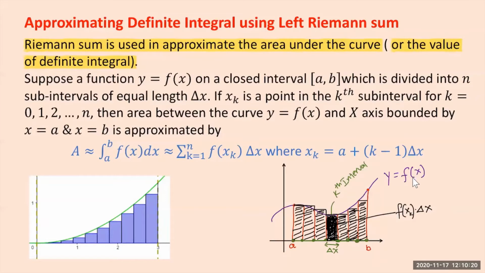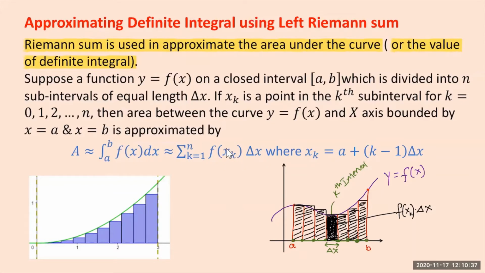So if I want to integrate this function from a through b, this is how I write the definite integral. The integral from a through b of f of x dx is equal to this sum. This sum here is called the Riemann sum: the sum from k equal to 1 through n of f of xk delta x. That is the Riemann sum.